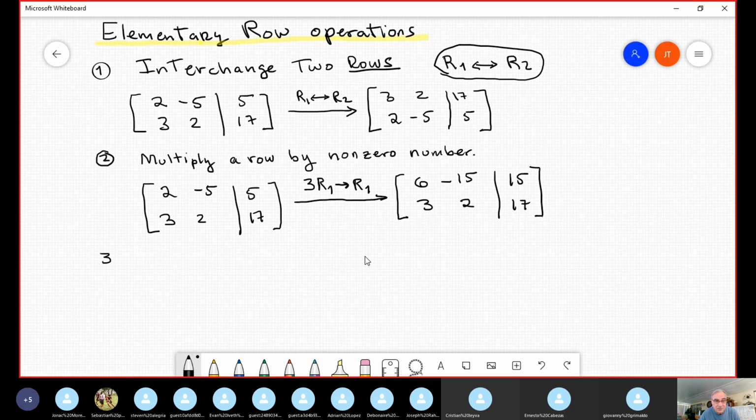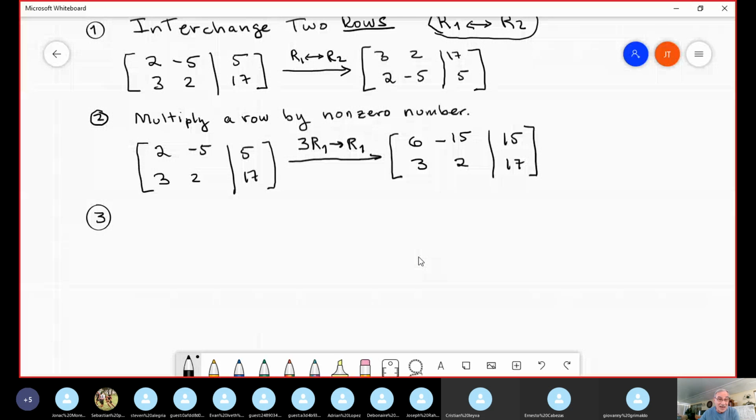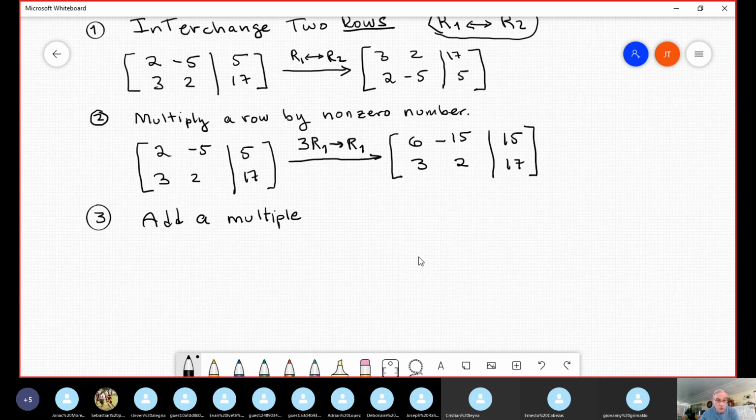Doesn't affect. Okay, and the last row operation, in my opinion the most important, is to add a multiple of one row to another row.